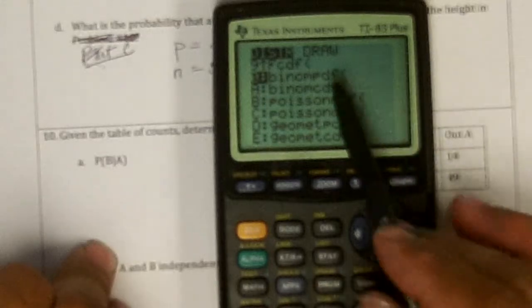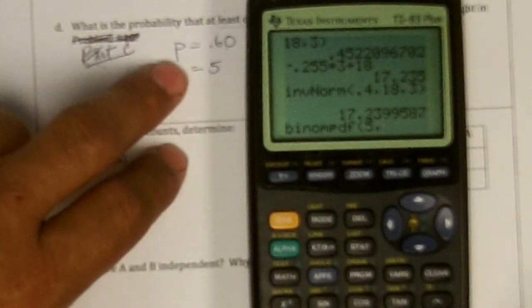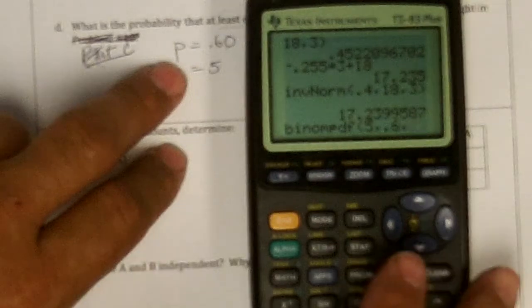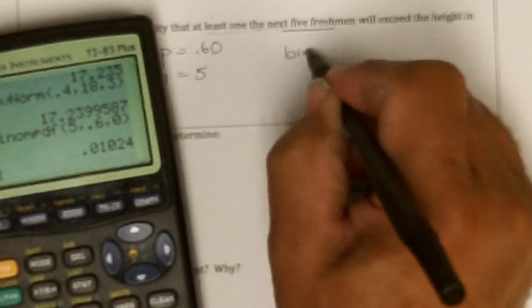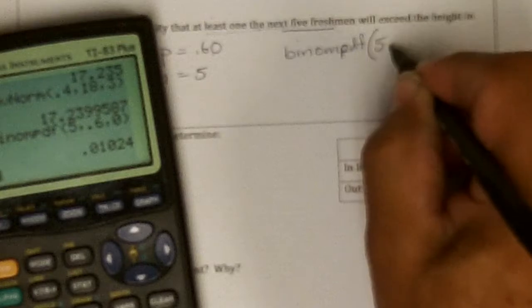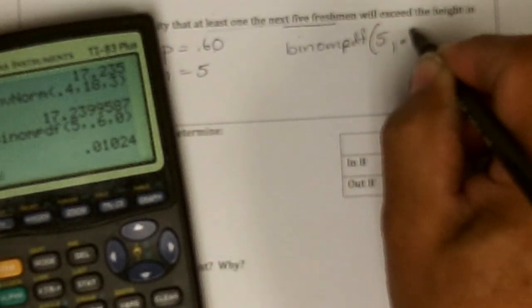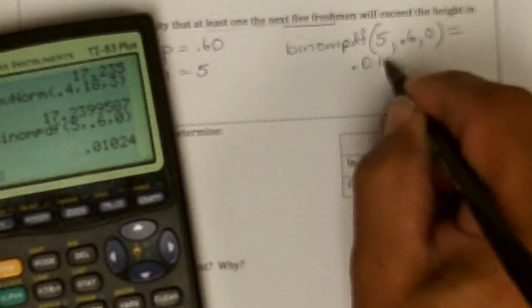Binomial, I just want 0 only, with 5 trials, probability of success 0.6, and I want to know the 0, and that is a PDF, so I'm just figuring out 0: 5, comma, probability of success 0.6, comma, no successes, and that turns out to be 0.0102.